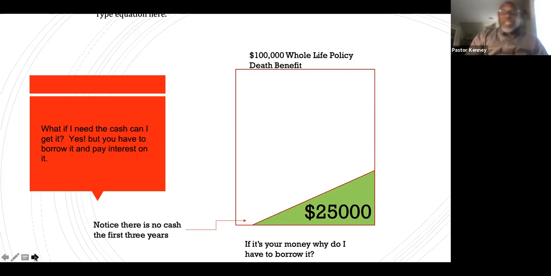But like I said, you can only get one of the two. There is no cash the first 3 years, and I pointed that out, because again, I was just illustrating that the money for the first 3 years goes to pay the insurance agent.